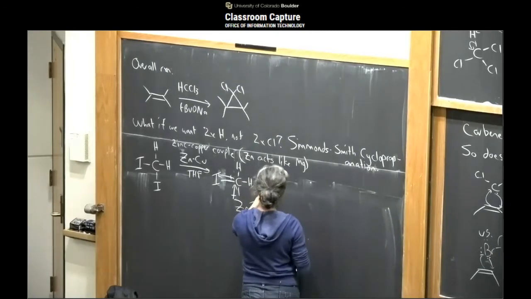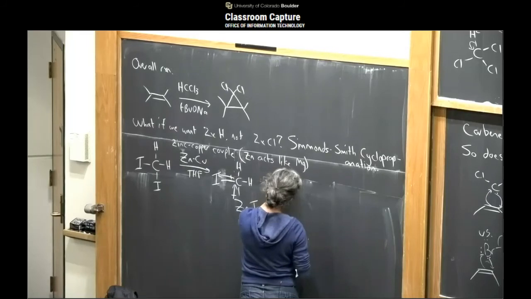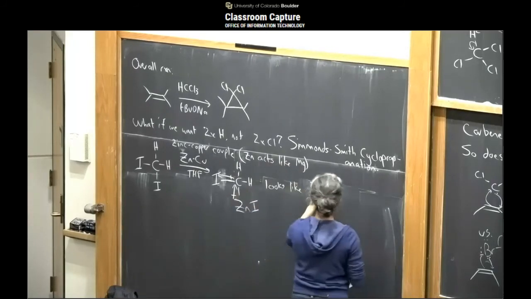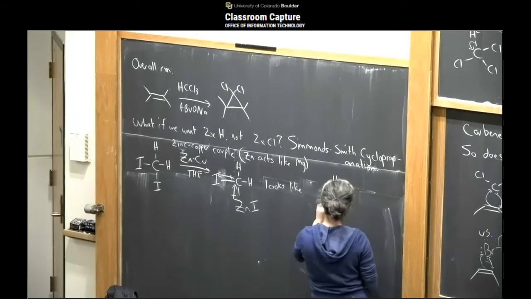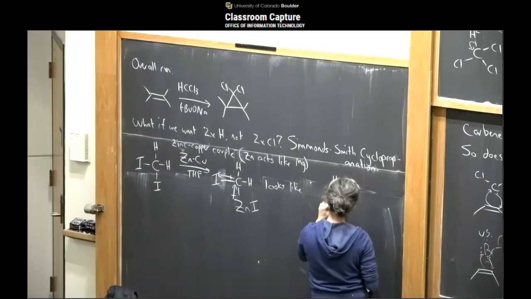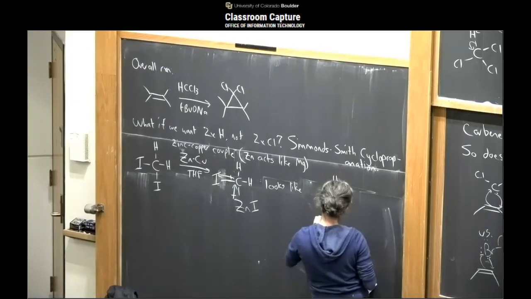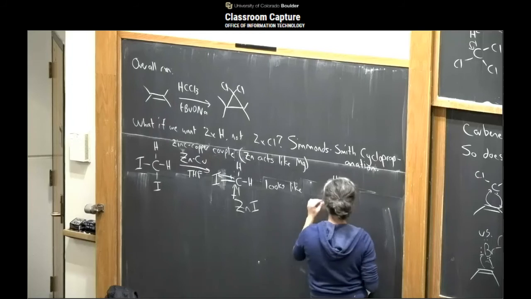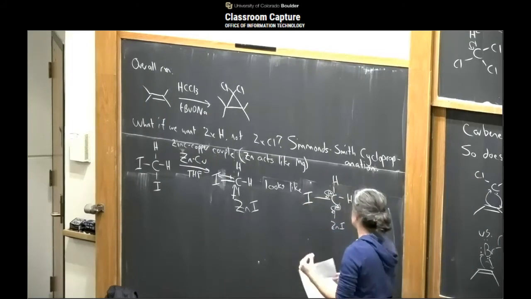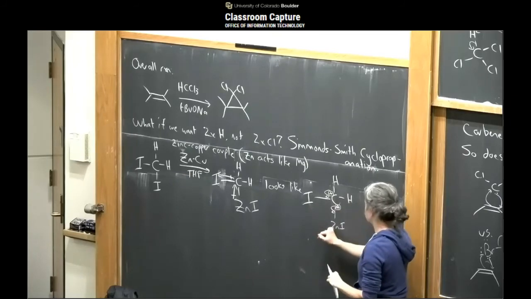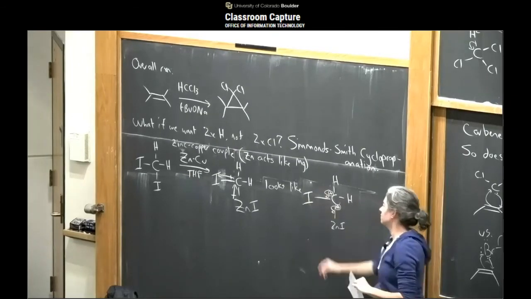So this whole thing looks kind of like carbon has a delta negative because of the zinc, and it's got a delta positive because of the iodine.